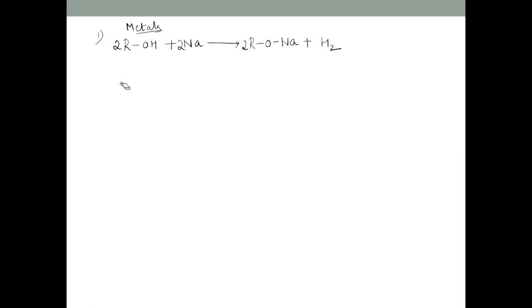For example, if I'm taking tertiary butyl alcohol, this is tertiary, right? When I'm reacting this tertiary butyl alcohol with aluminium, aluminium tertiary butoxide is formed.